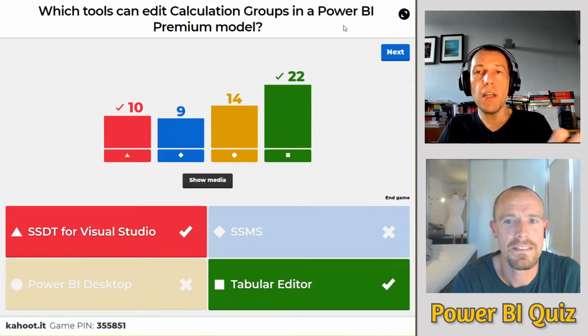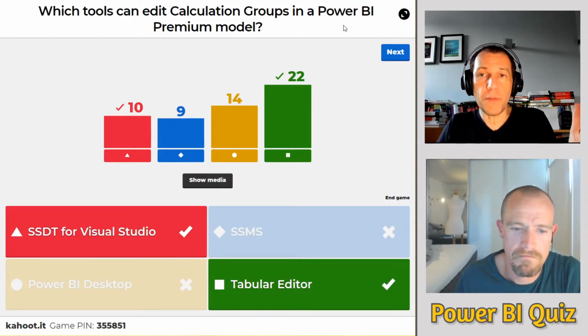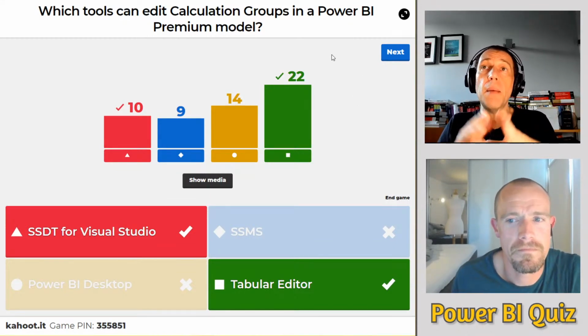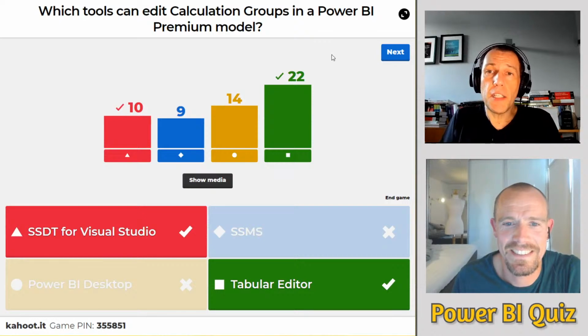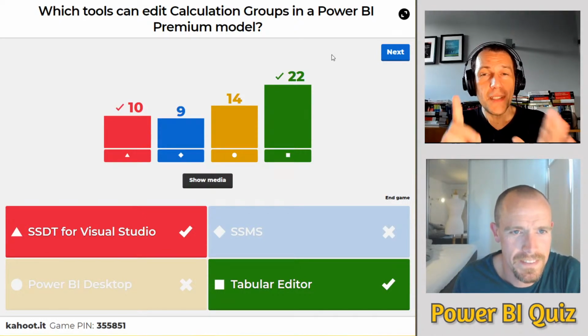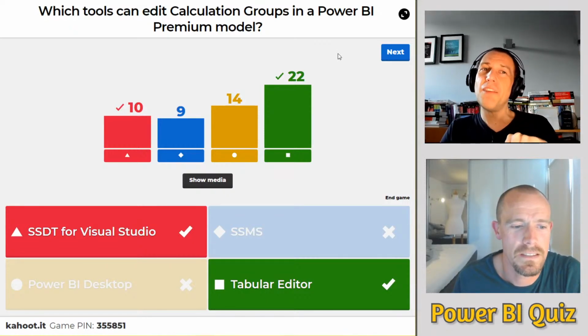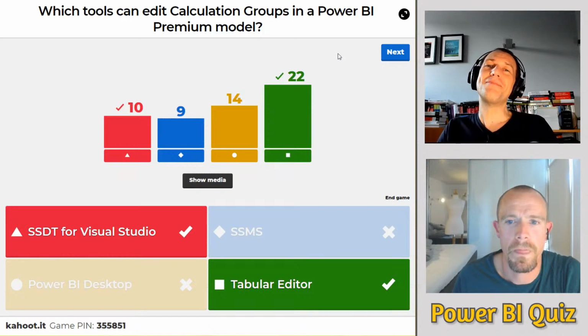As of today, you can only use SQL Server Data Tools for Visual Studio and Tabular Editor. There is no editor for calculation groups in Power BI, and Power BI Desktop doesn't have calculation groups at all by now. But this is going to change in maybe July. So pay attention. In July, the answer will be different here. Thank you for the explanation.